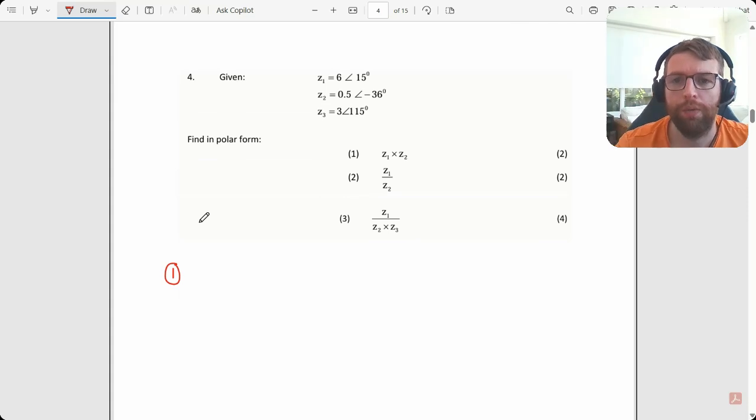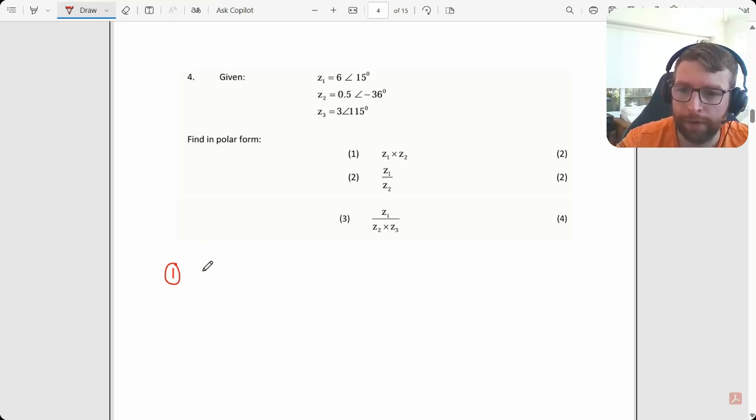Question 1. We've got 2 times together, and as far as I'm aware, you just times the numbers at the front and you add the degrees. So it's effectively this times this.